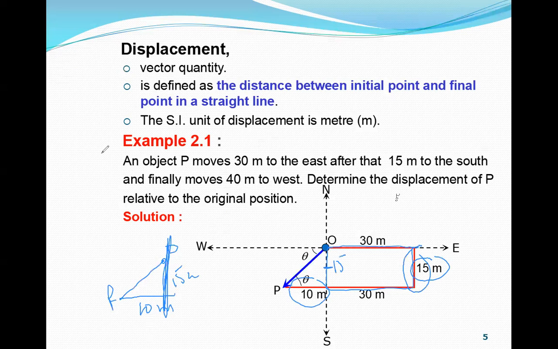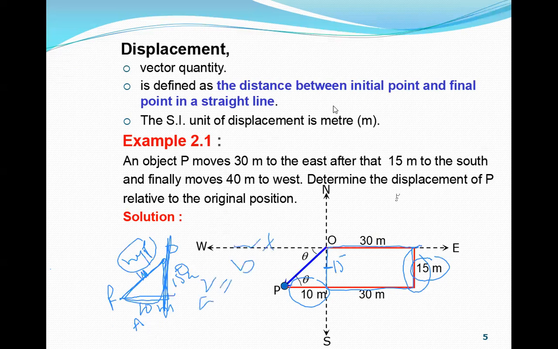Then we make a triangle here. They want to know about this length. This is adjacent, this is opposite, and this one is the hypotenuse. How much is the hypotenuse? We use a square plus b square equals c square, the Pythagoras theorem.